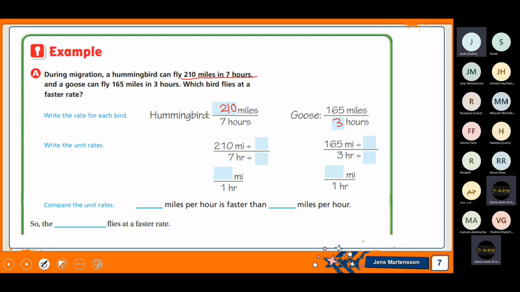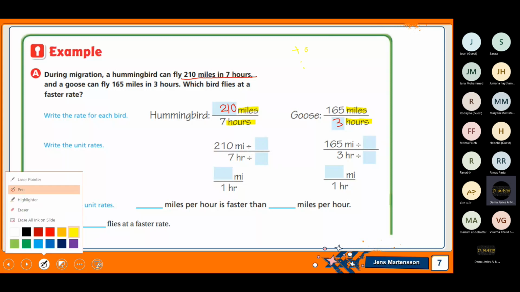Miles per hour, both of them must have the same order. And to find the unit rate, you must use the fraction way. Don't use the colon or the word 'to'. Write it as a fraction.